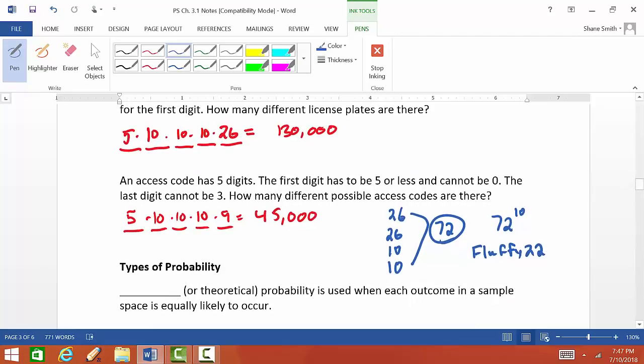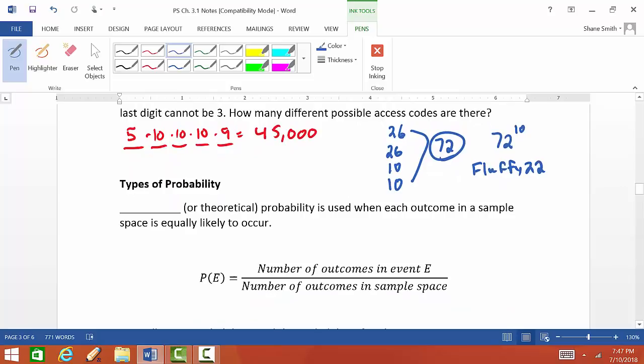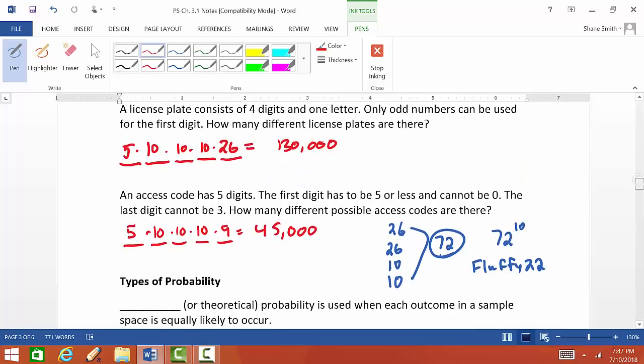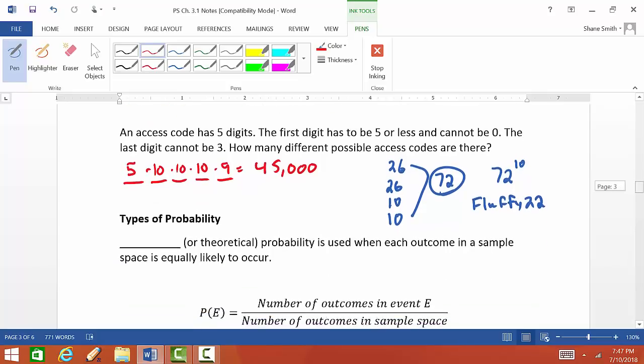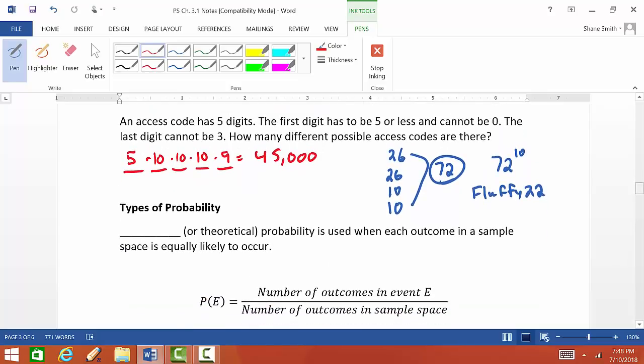It's almost impossible to hack something like that, unless obviously you tell someone your password, which you should never do. So that's an application for this: the more possibilities there are and the more you're multiplying, the harder it is for someone to get a hold of your information, which is a worry nowadays.